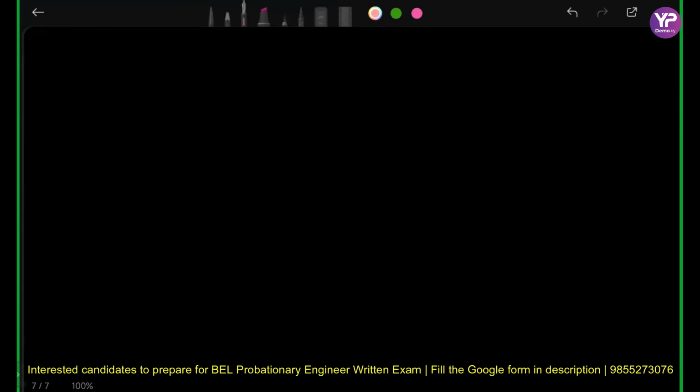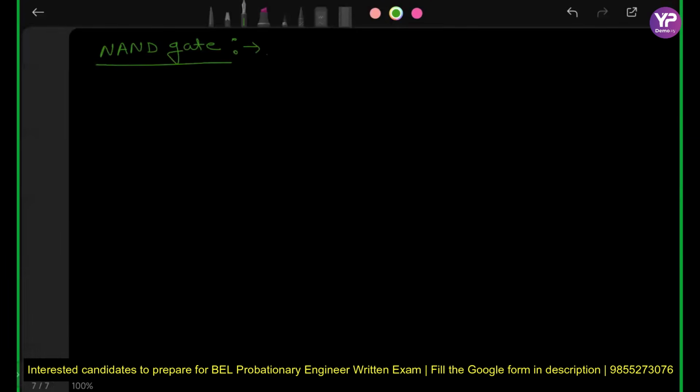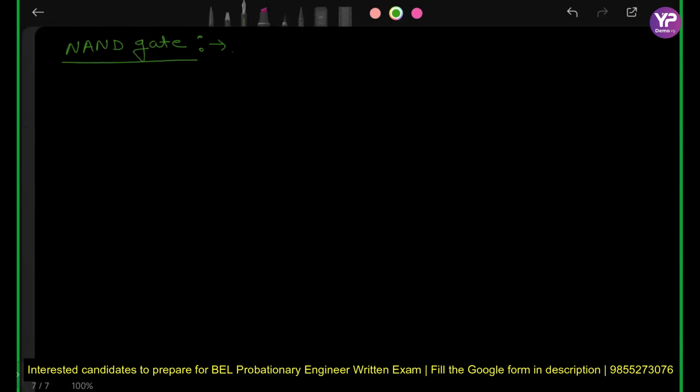Next is NAND gate. Whenever you see NAND, NAND means NOT of AND. You have an AND gate and we apply a NOT gate at its output.